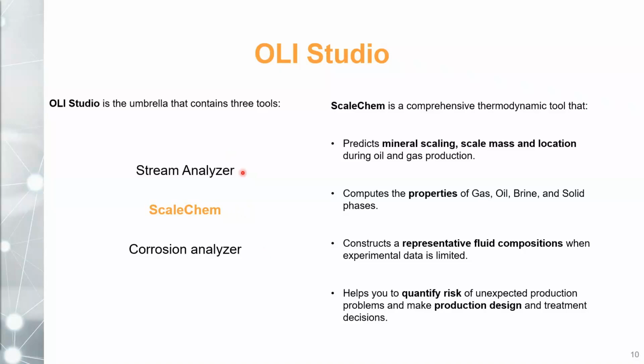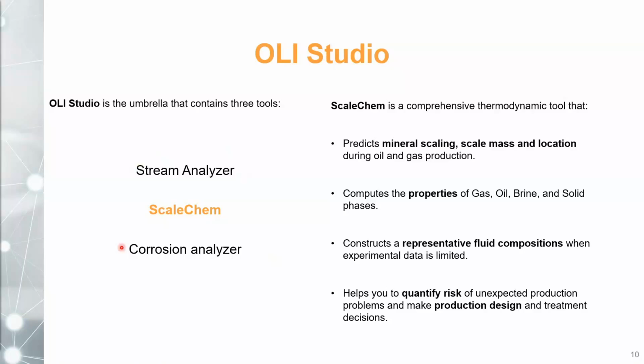Let's say you have a sodium chloride solution and you want to understand the corrosion rate of a metallic material. Then you will bring the Corrosion Analyzer tool and calculate the corrosion rates based on the stream solution.